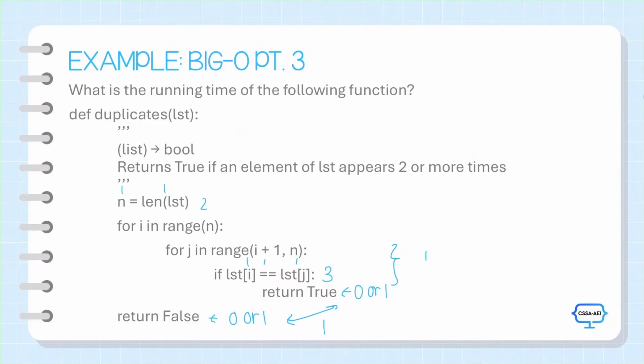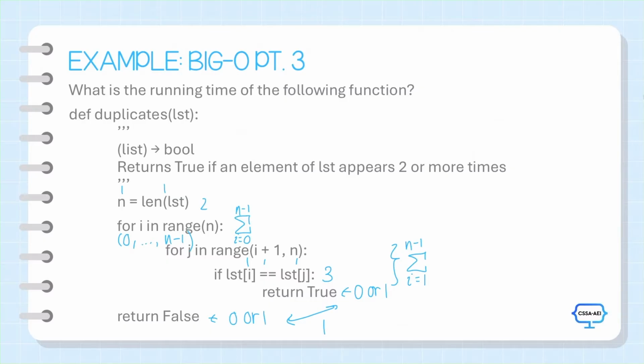Now let's look at this loop. Okay, this loop is going to be from i equal to 0 to n minus 1, right? Because it's a sequence of numbers from 0 to n minus 1, not including n. So this one is going to be n minus 1, i equal to 1.